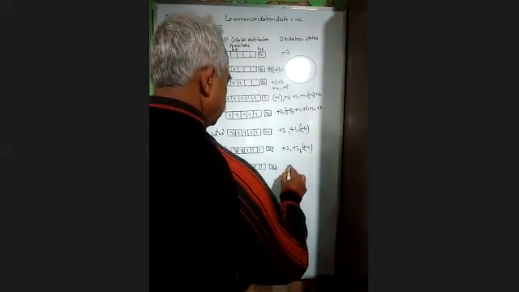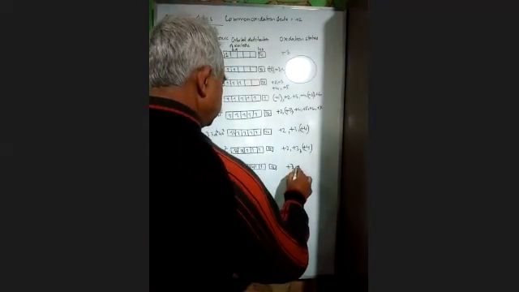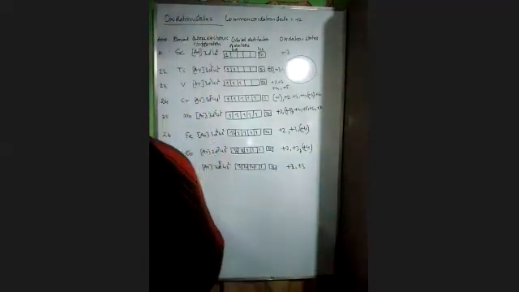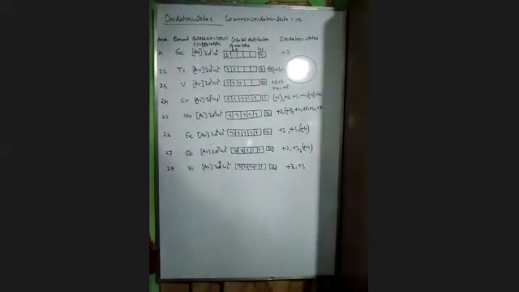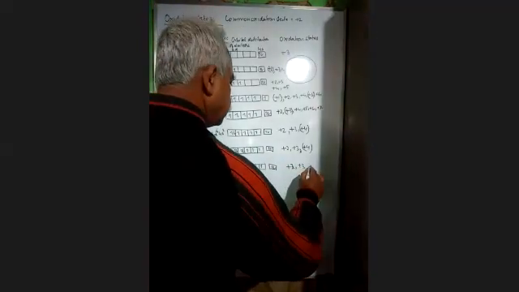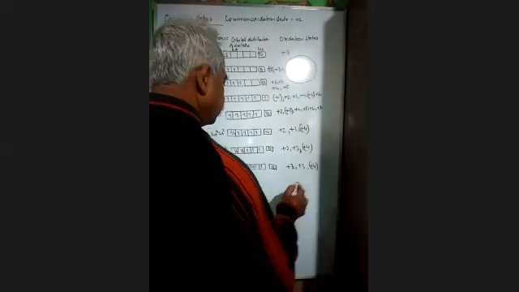So +2, +3. Okay, and this is also very rare. You can't say it does not form, it is there.